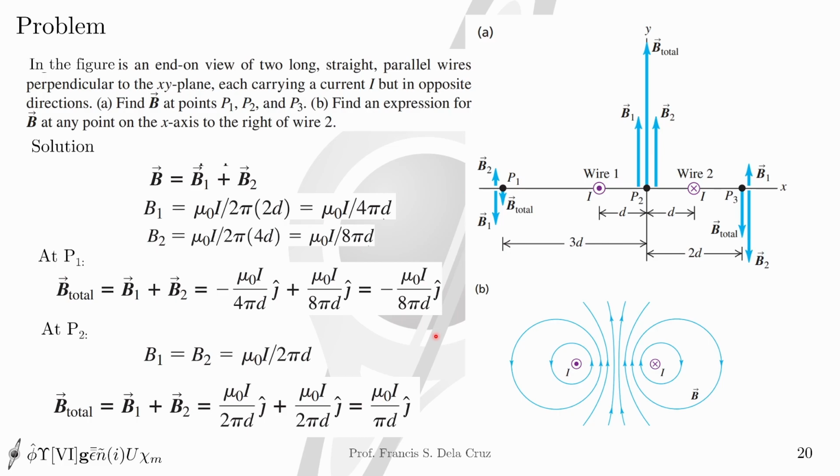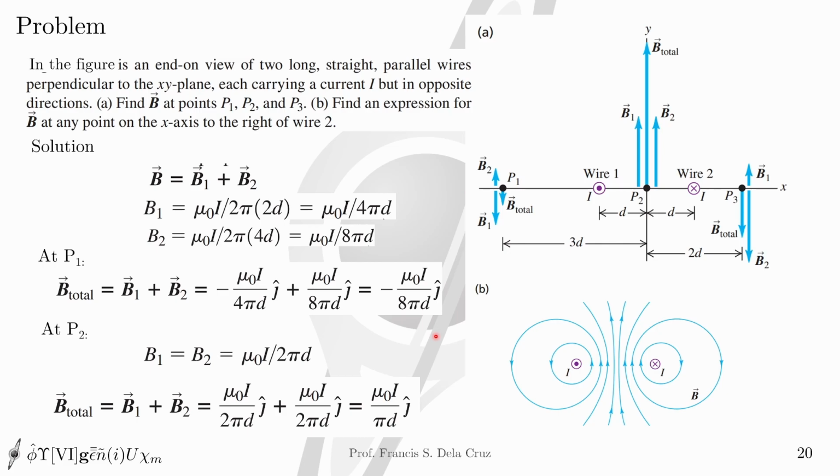And then at P2, B1 is equal to B2 in terms of magnitude. Why? Because it is symmetric. It is at the middle of wire 1 and wire 2. And take note that since at wire 1 the field is in a counterclockwise direction and at wire 2 in a clockwise direction, it means they will add up.